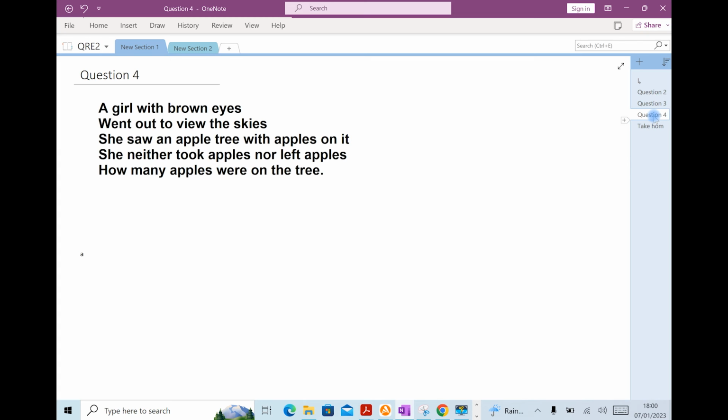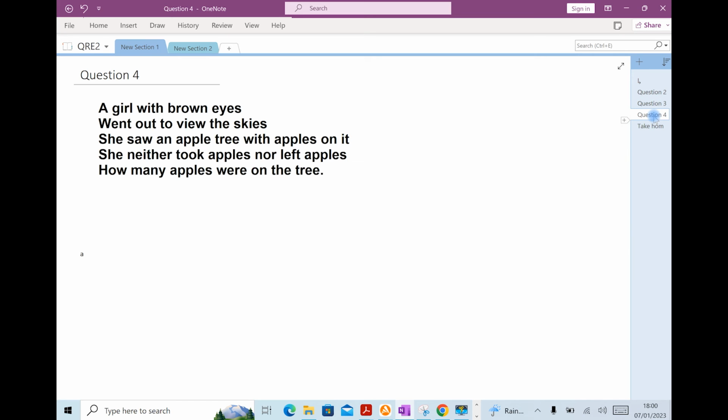That's a bit tricky. In the third row, we see that she saw an apple tree with apples on it. Apples, so more than one apple. But then what happens next is she doesn't take apples and she doesn't leave apples behind.